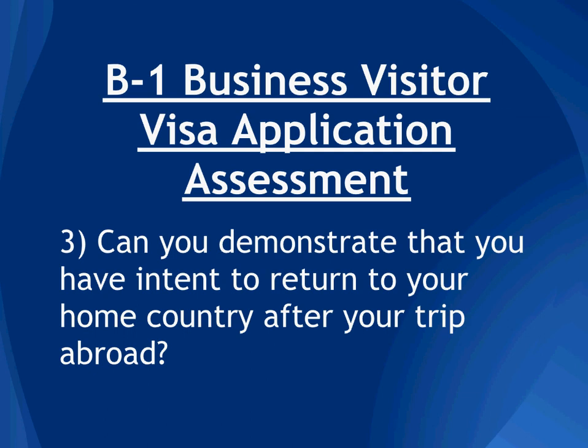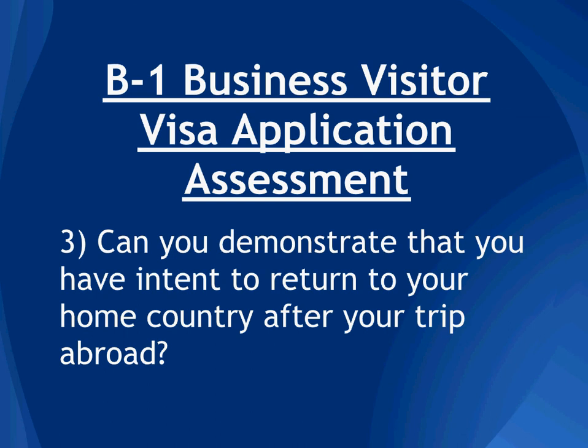So what are some of the pieces of evidence you can use to show that you have intent to return home? Well, if you have a job waiting for you, a job letter would help. If you have a business of your own in your foreign country, you can show business accounts and a profile of your business. If you have a permanent address in your home country, you can also show that.